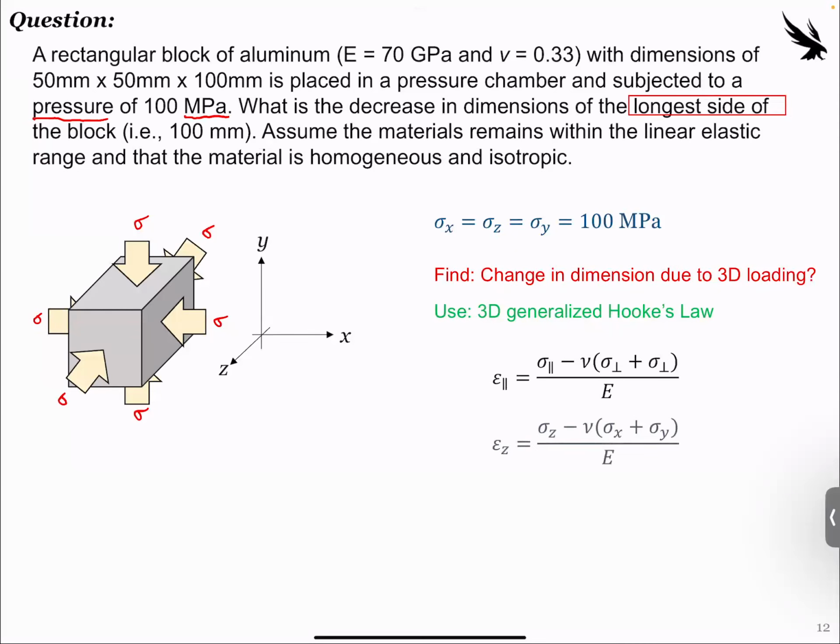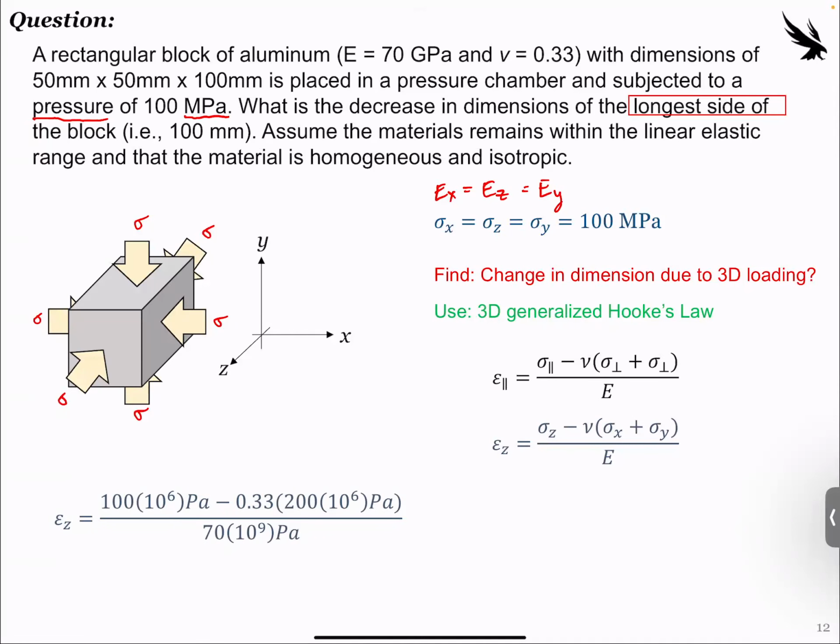We're looking at the longest side, so in this case the longest side will be the Z direction. So the strain in the Z direction is equal to the stress in the Z direction, minus Poisson's ratio times sigma x plus sigma y, all over E. And since the material is homogeneous and isotropic, the E is equal in all the directions. So Ex is equal to Ez is equal to Ey, so we can just use that in one term in the denominator.